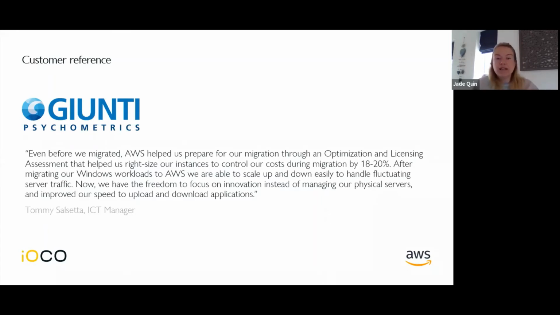So to give you a little bit of extra background here, this was a customer with around 50 servers, and they were looking to understand what their costs were going to be if they were to move to the AWS cloud. They were actually struggling with bandwidth and needed to make a decision really quickly.